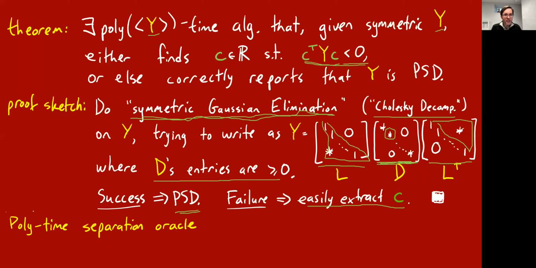So this algorithm can be used as the polynomial time separation oracle, right? Because given some explicit numbers for y, which are symmetric, it'll either say, good job, ellipsoid algorithm, you found some y's that satisfy all the infinitely many constraints, such that y is PSD. Otherwise, it actually finds you an inequality.